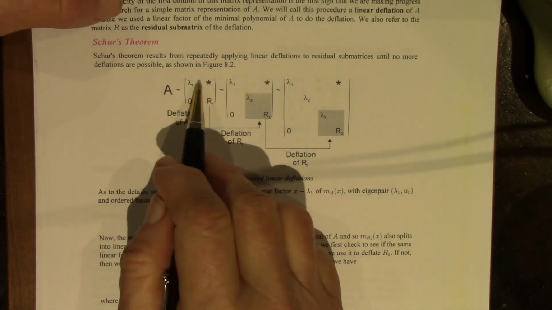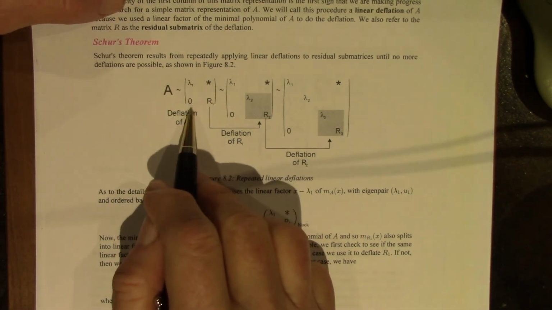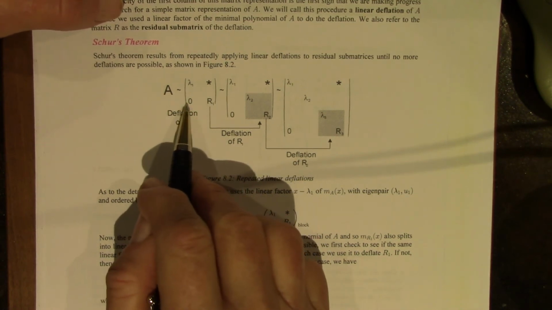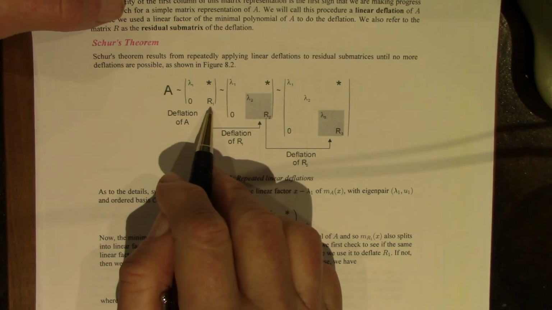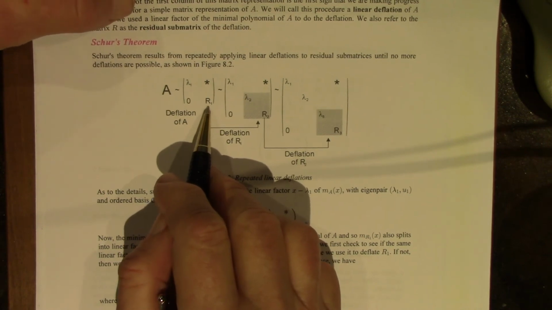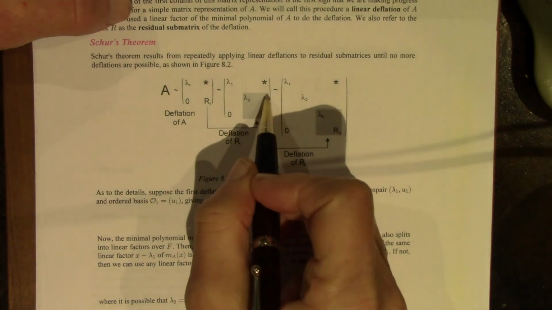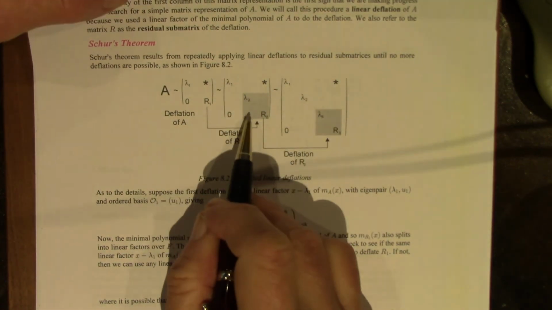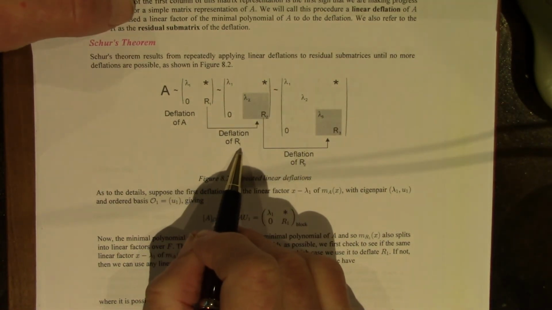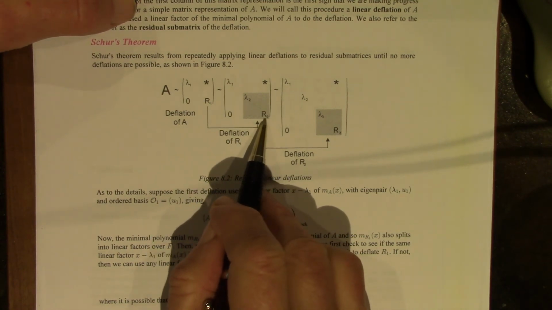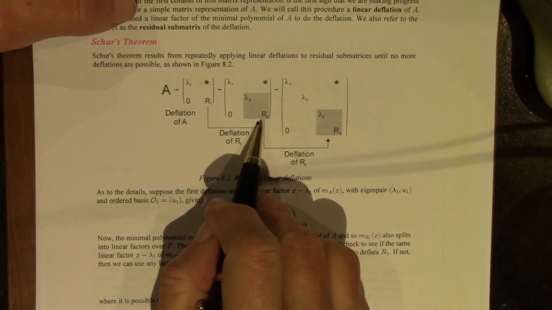This was, if A was n by n, R1 is n minus 1 by n minus 1. We just take that as a standalone matrix and we apply another deflation. So this part that's shaded here is the deflation of R1. And then we deflate, and we get a matrix that looks like this.